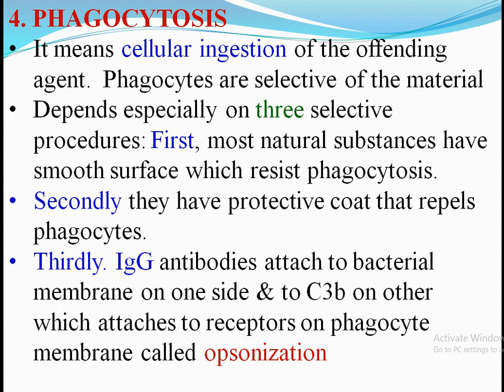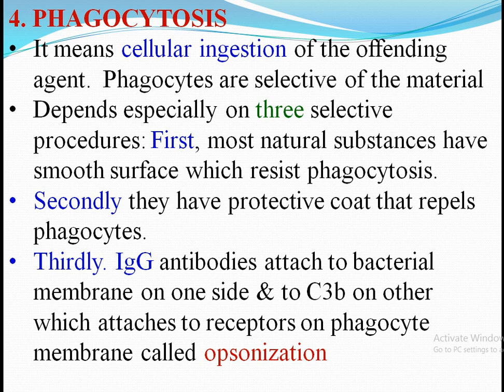They will resist. But how do they resist? Through which things are they going to resist? Mostly, number one, most natural substances have a smooth surface which resists phagocytosis. Normally, why does this process not occur? Because they have the smooth surface.